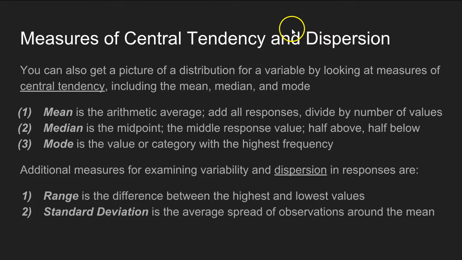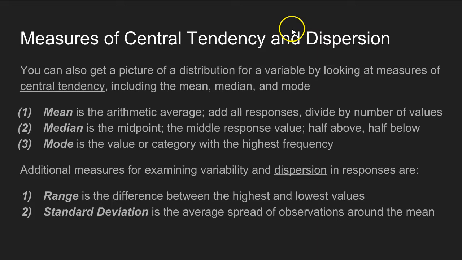Once you've looked at frequency distributions, which are appropriate for nominal and other categorical variables, if you have more interval or ratio level variables, sometimes you have to look at measures of central tendency and dispersion. These are very appropriate for interval and ratio variables where there's a large number of potential values that a variable can take on.